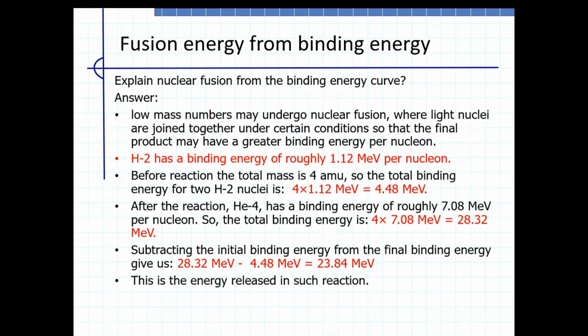This is the energy which is released in such reactions. And that's how we find out if fusion is occurring: when two deuterons combine to form the helium nucleus, the binding energy released is roughly this.